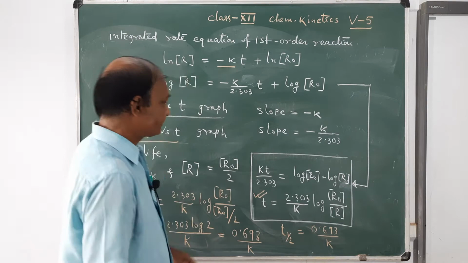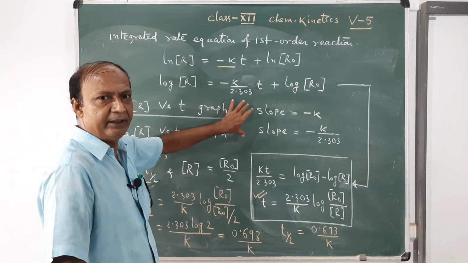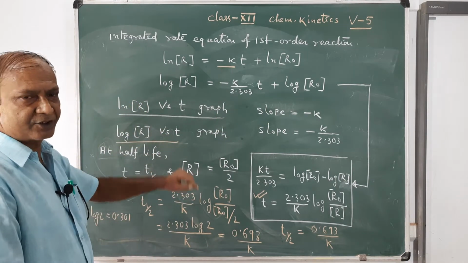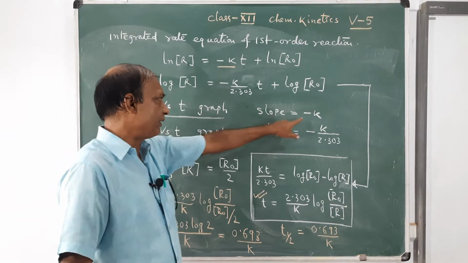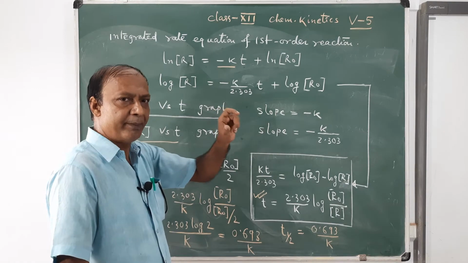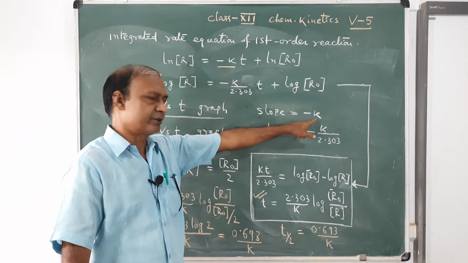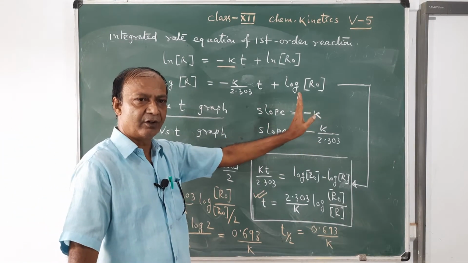Now see, there are some problems that generally come in the examinations. Regarding this, I must say that when the slope is given, you can find out the rate constant. It will be mentioned that for this graph the slope is this, find the rate constant.